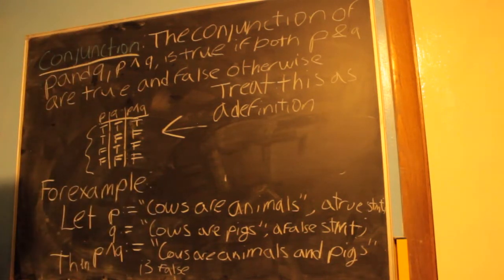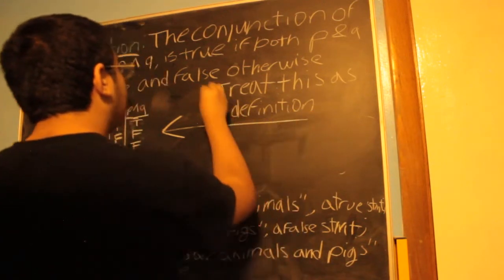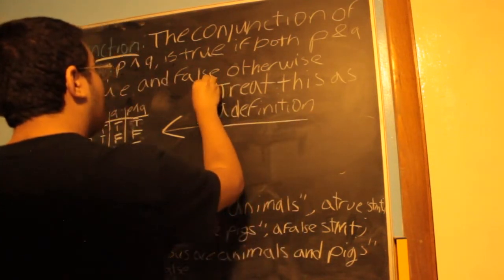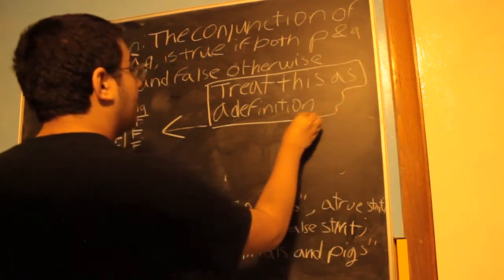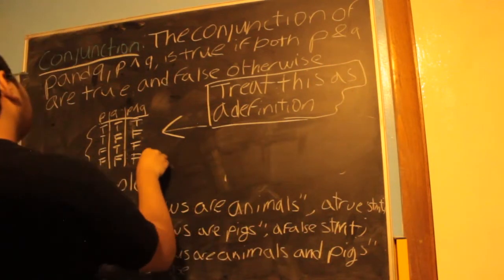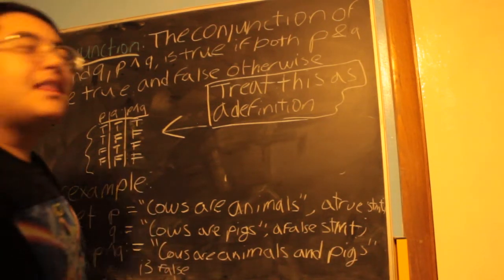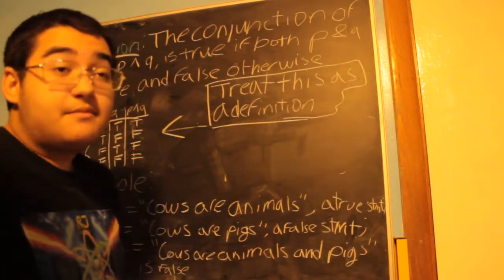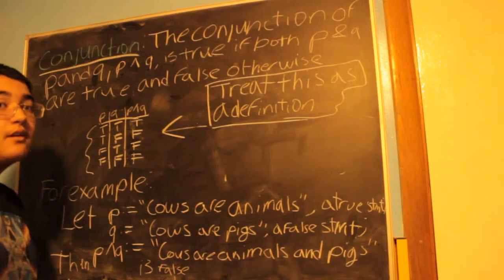So now we're going to treat this as our definition. I wrote it down so I didn't forget it. But we have to treat this as a definition. We're going to treat these truth tables as definitions. I'm going to explain to you what they should understandably mean, but I'm not going to spell it out for you.